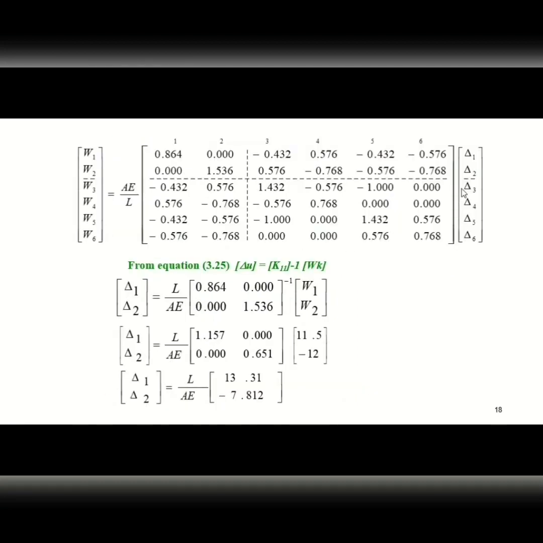So basically these forces are 0. How? Because we know only these two, so we can put this delta temporarily as 0, and by the reference of these two we can find this one.